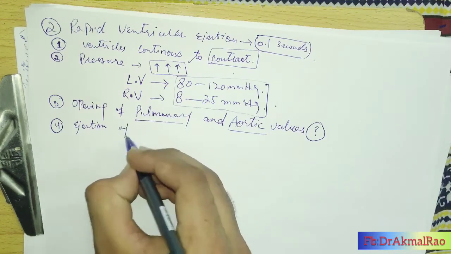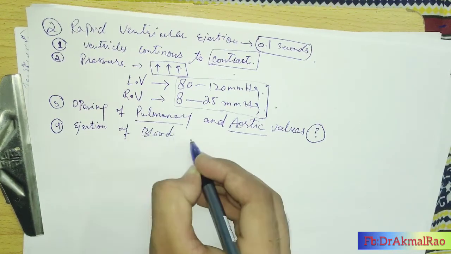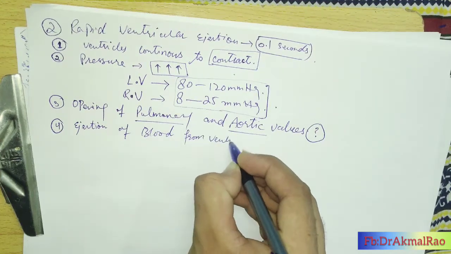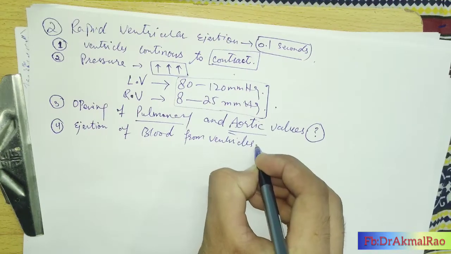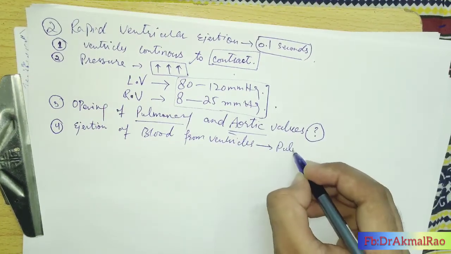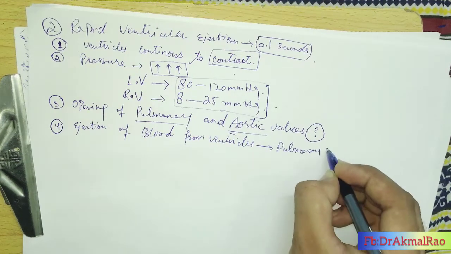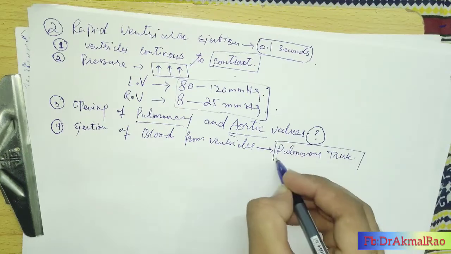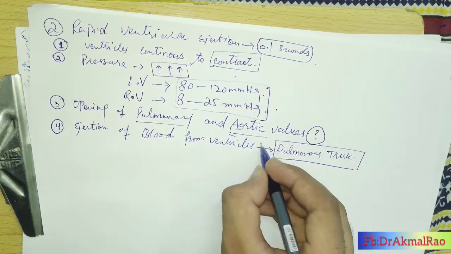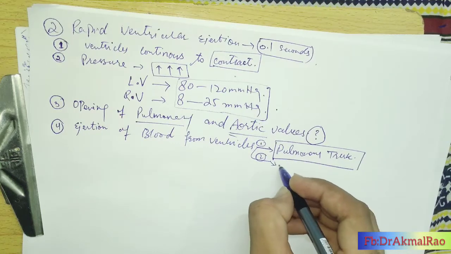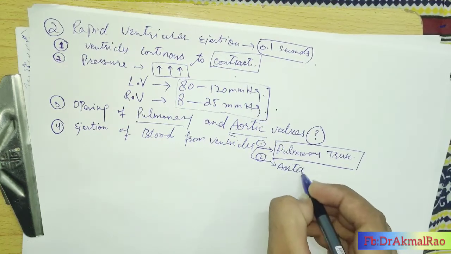Ejection of blood from the ventricles to the pulmonary trunk, which is towards the lungs, and the second is the aorta.